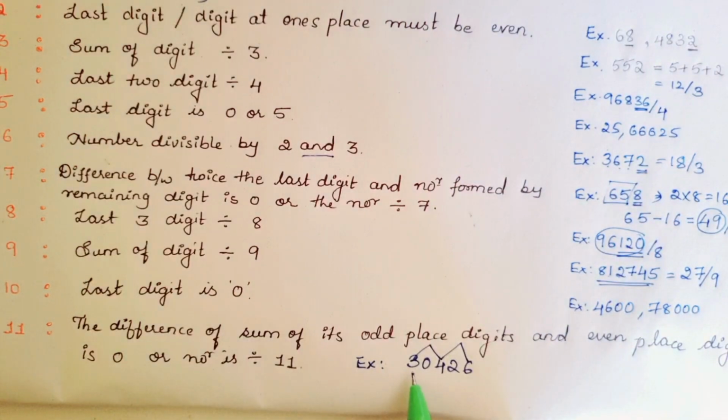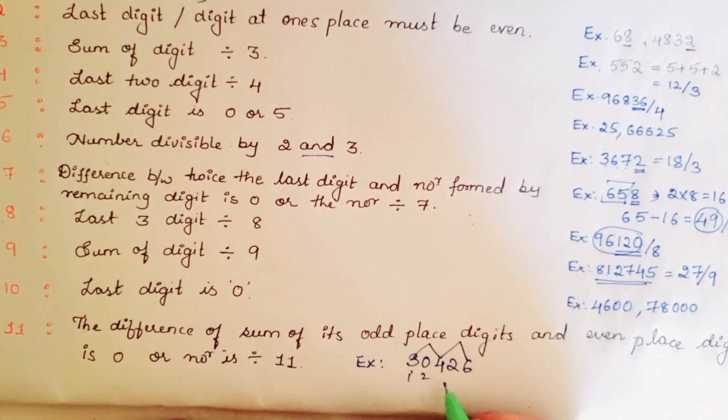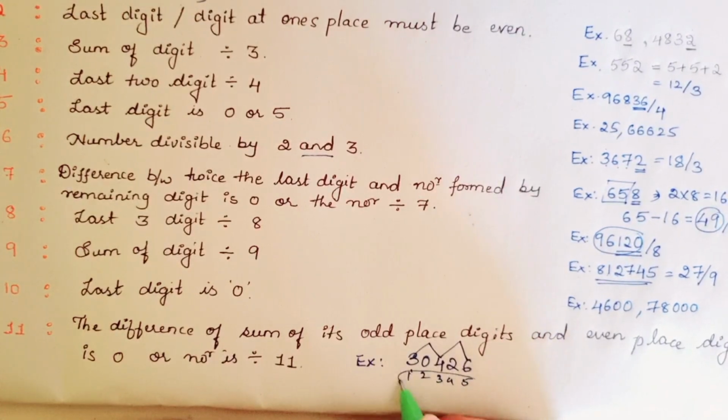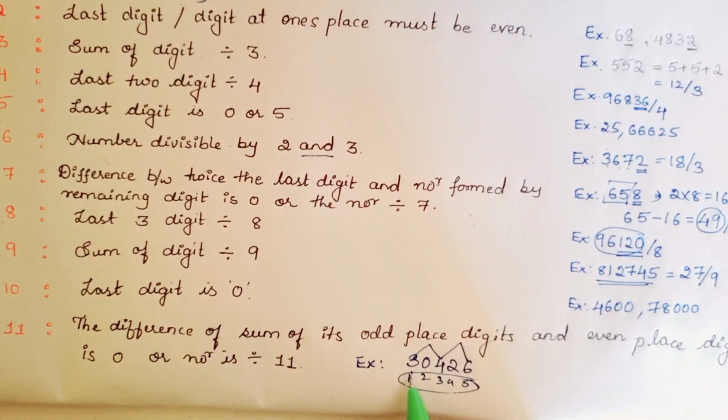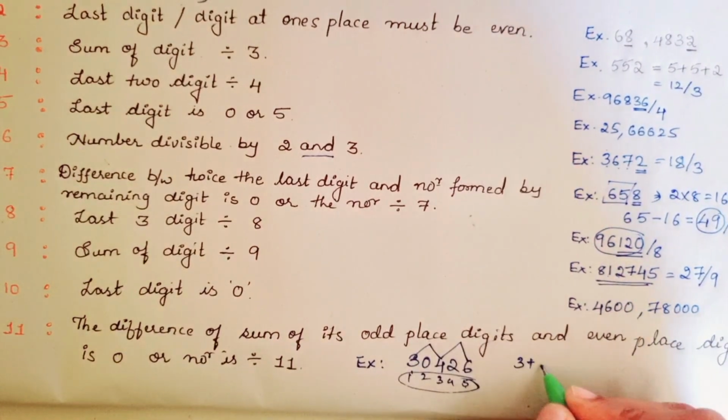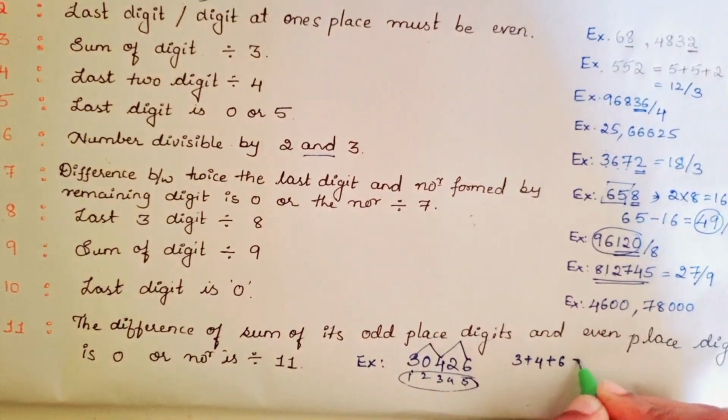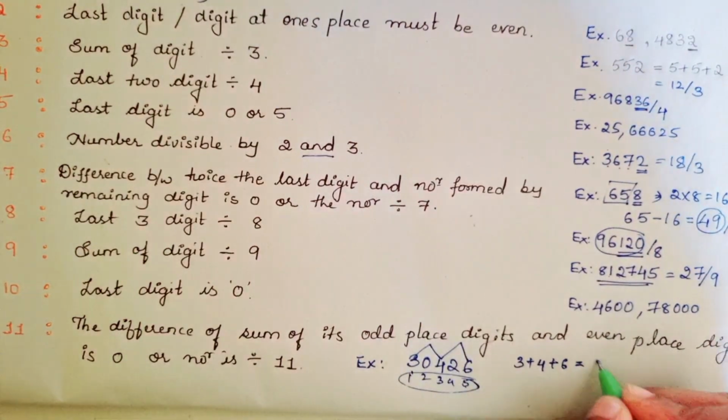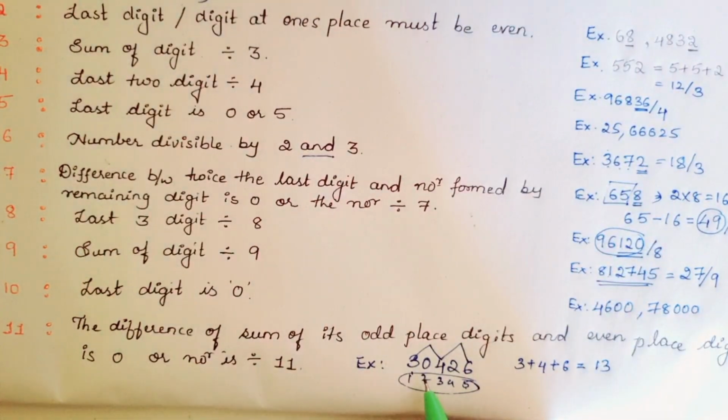Let us take 30426. We'll number the places 1 2 3 4 5. Okay. So see, 1 3 5, these are odd place digits, that is 3 plus 4 plus 6. It will be 13. Next 0 and 2.